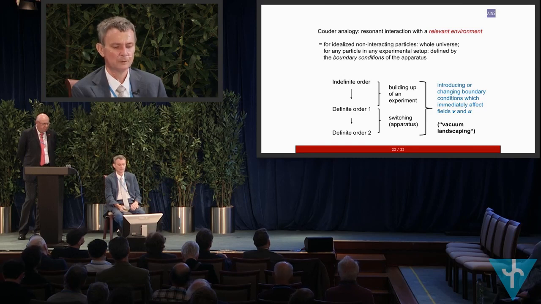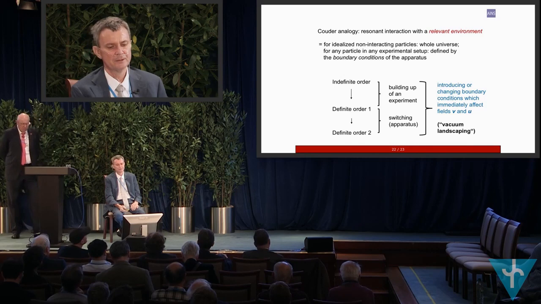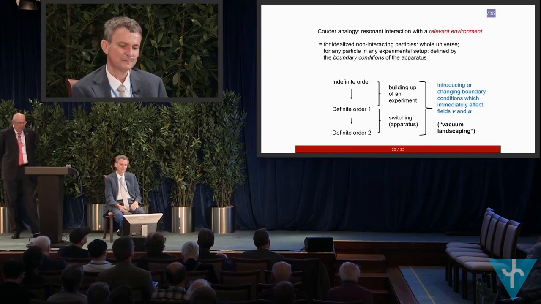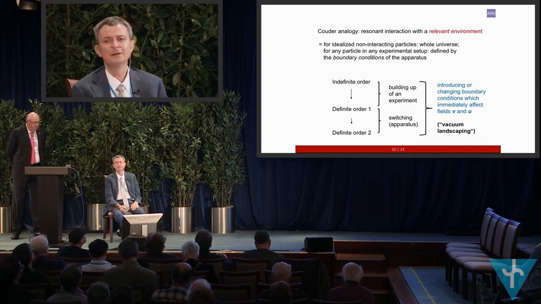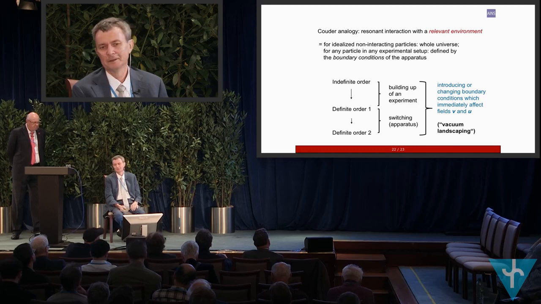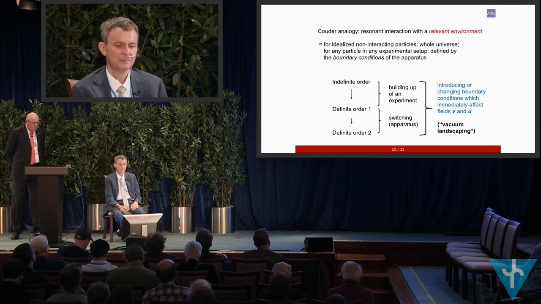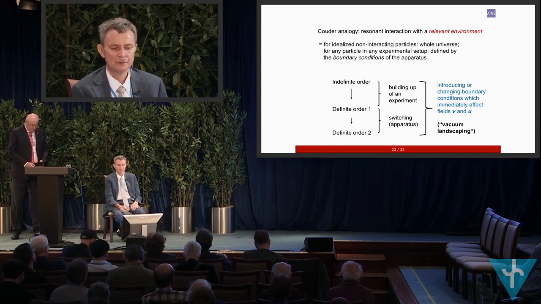So here's the Couder analogy once more. As I said, we have a resonant interaction with a relevant environment. What is that? Well, for very idealized non-interacting particles, this environment would be the whole universe. And for any particle in an experimental setup, it would be defined by the boundary conditions of the apparatus.